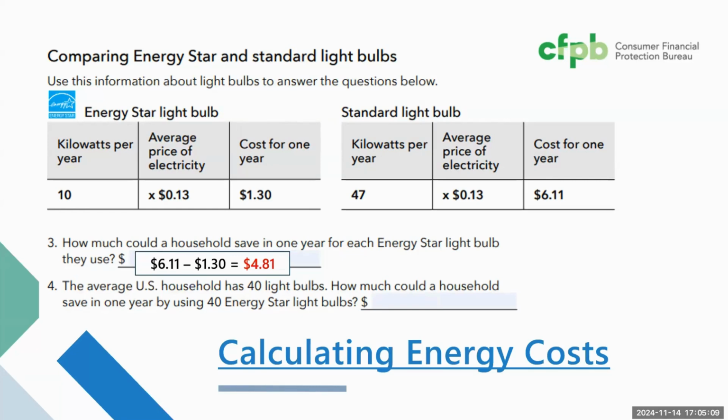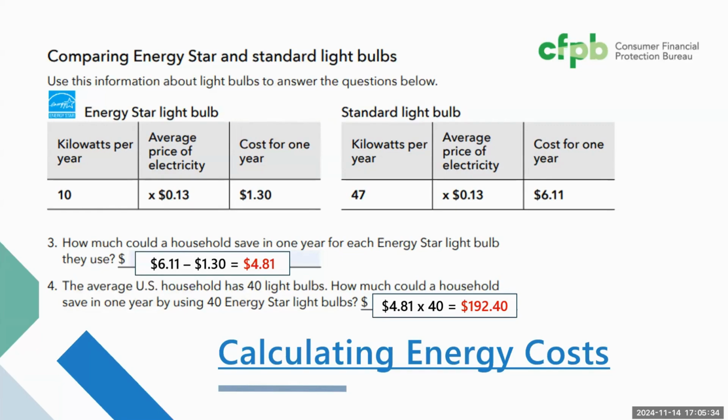Nice. $4.81 doesn't get you very far anymore, right? So is it actually really worth it to buy these energy efficient light bulbs? Well, if we do our math, it's $200 a year, and $200 could actually get you something, right? That's a family trip to a restaurant at this point, let alone a Chuck E. Cheese or something.